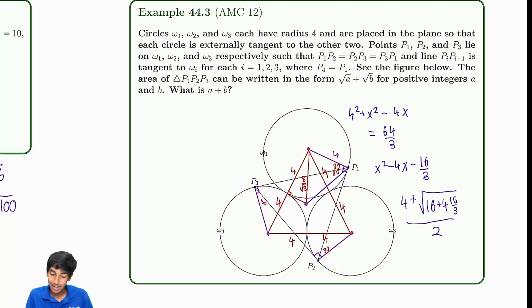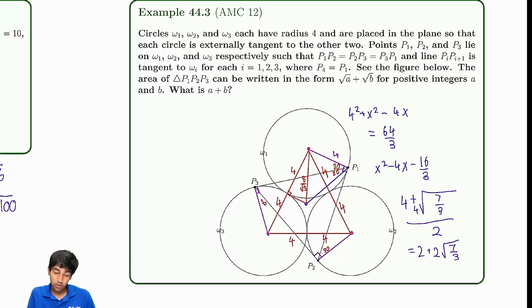No wonder we've got radicals going on here. 64 thirds plus 48 thirds is 112 thirds. 112 is just 4 root 7, so we just take that out, and this becomes 2 plus 2 root 7 over root 3.